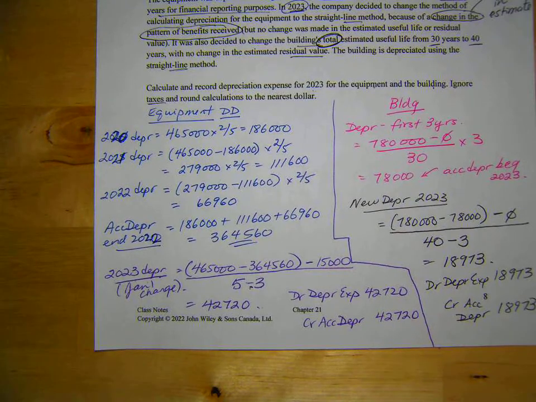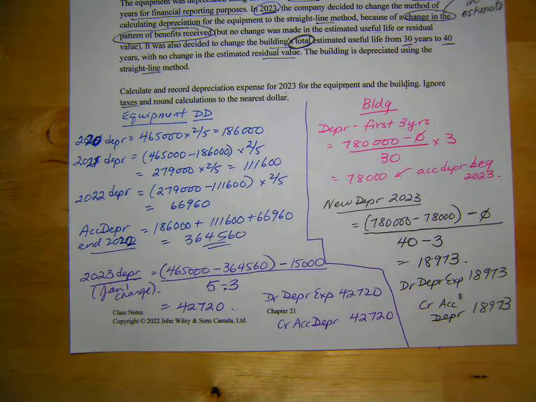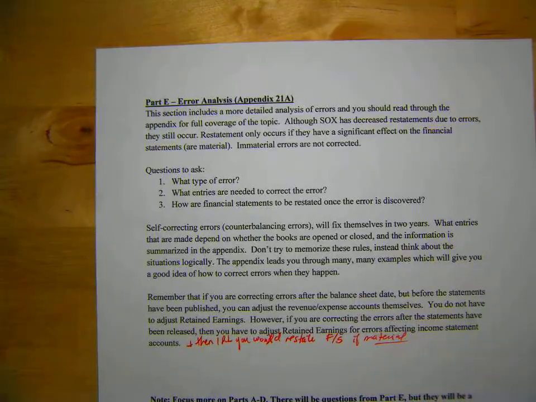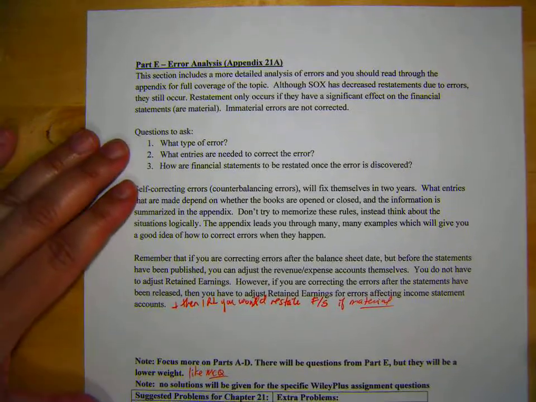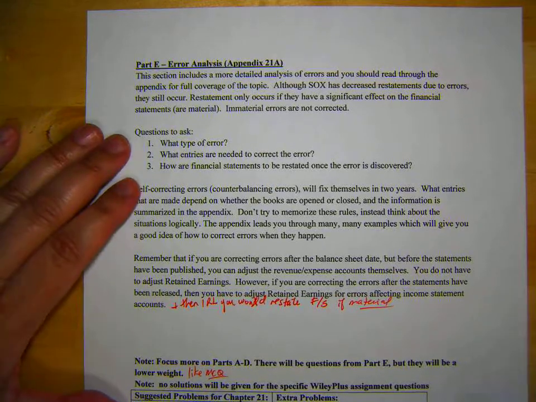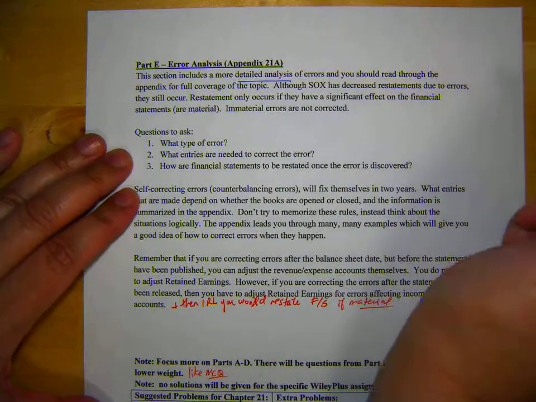Okay, I'm going to finish off the part E right now on page 9. So, the error analysis, which you are responsible for, that I've written on already, gives a more detailed analysis of errors, and you should read it through.